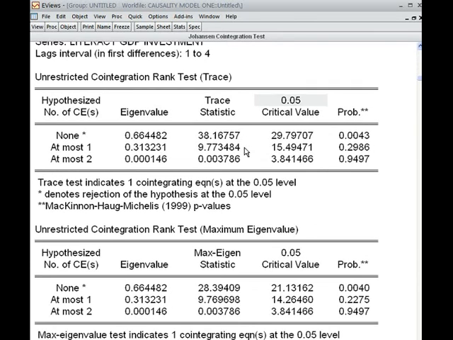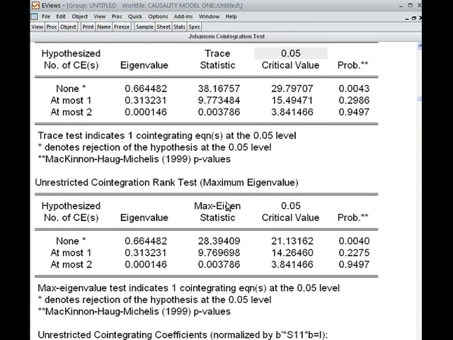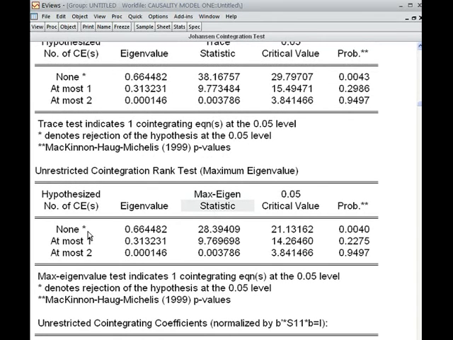Okay, then we talk about max eigenvalue statistics. So this one is the other statistics. And what is our null hypothesis? There is no cointegrated equation. Can I reject?